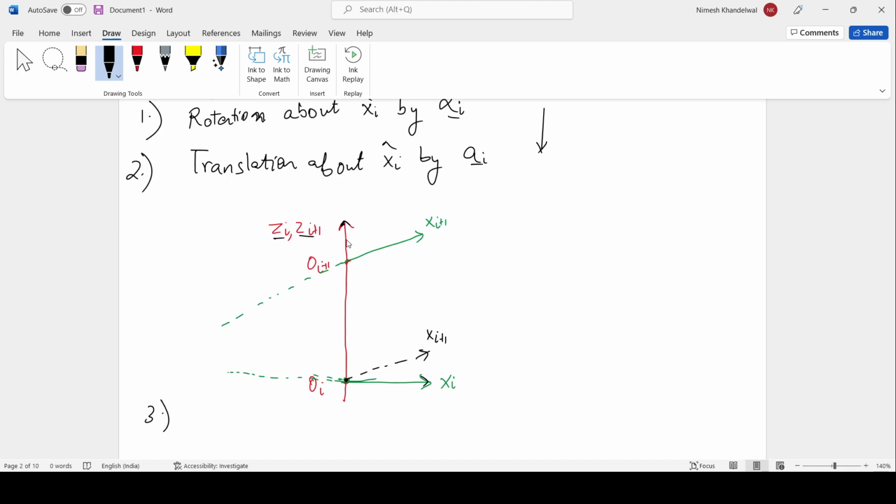So I give a rotation to frame I about the z axis of the new frame by an angle that I call theta I plus 1. What it will do is make the x-axis of both the frames parallel. They still won't coincide, but it will at least make them parallel.